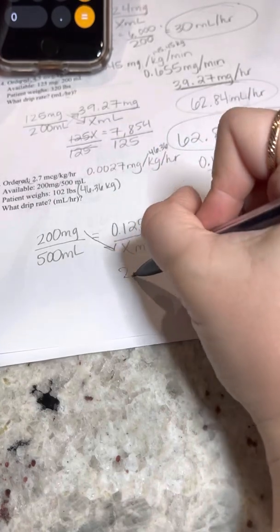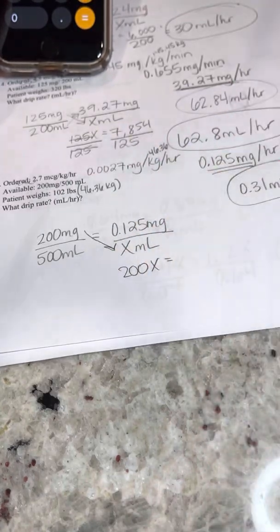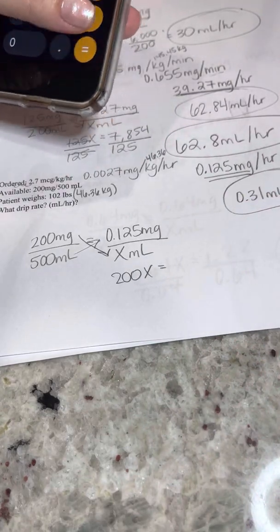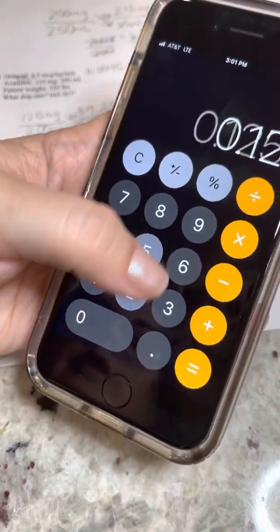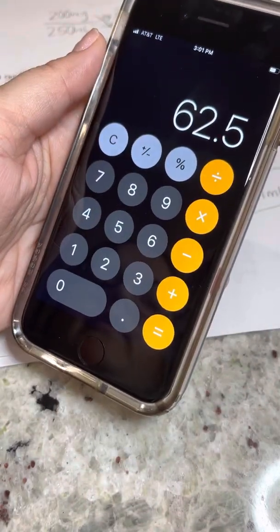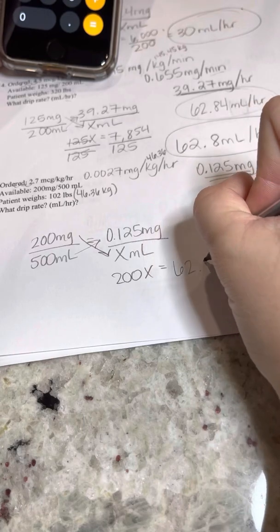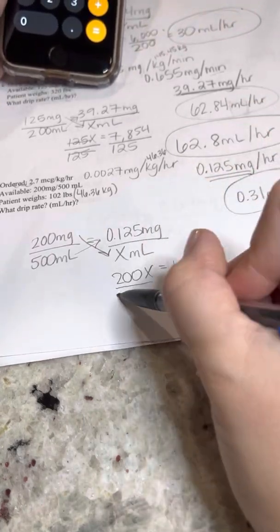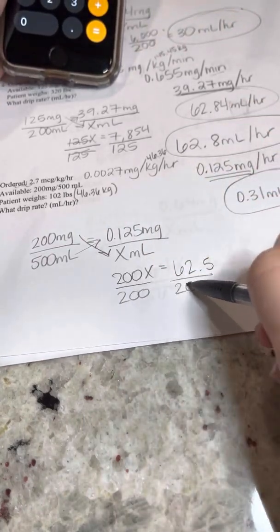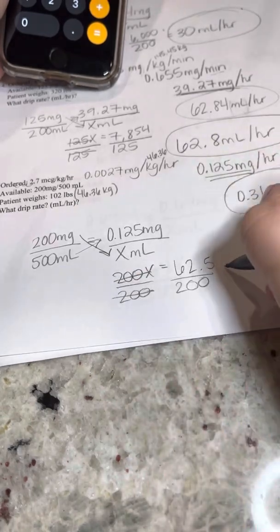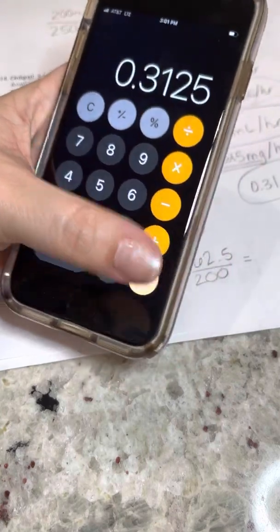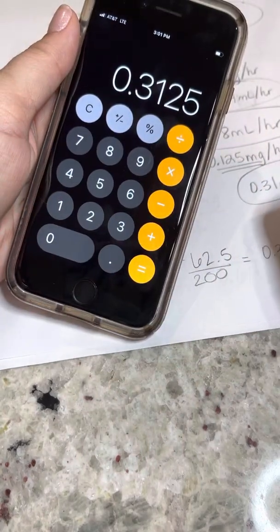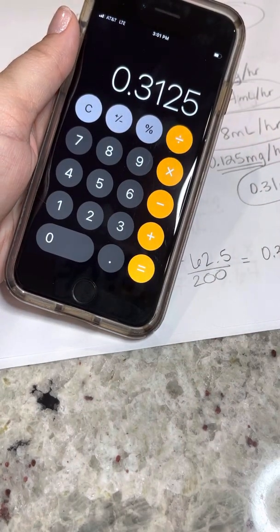So we have 200 times X equals 500 times 0.125. 500 times 0.125, 62.5. Divide that by 200 to get X by itself. So 62.5 divided by 200 equals 0.31 mLs per hour.